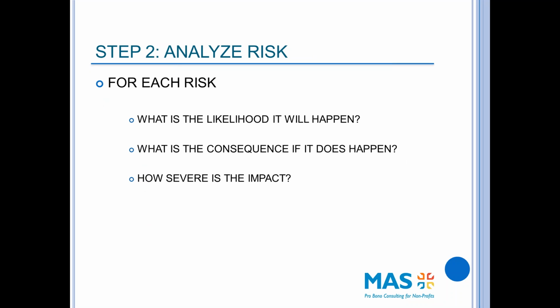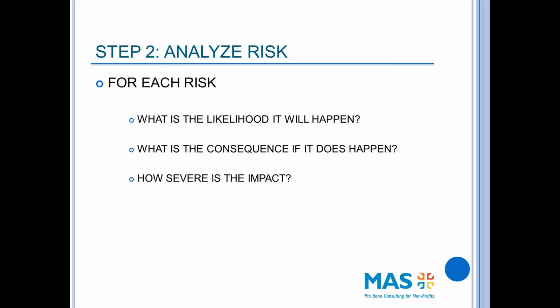So step 2 is, once I've identified the risks in the organization, I need to analyze those risks. And there are a couple pieces of information I need to know in order to think about those risks. I need to know what's the likelihood that that bad thing would happen. So how likely is it to happen?